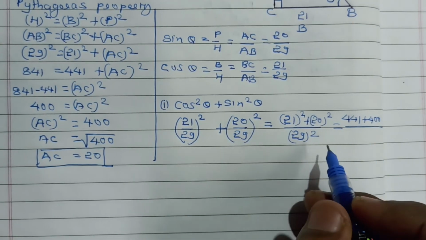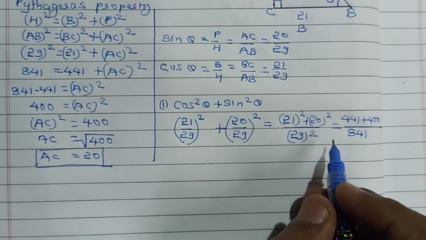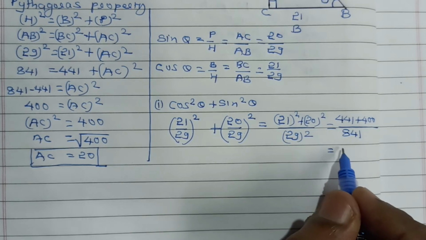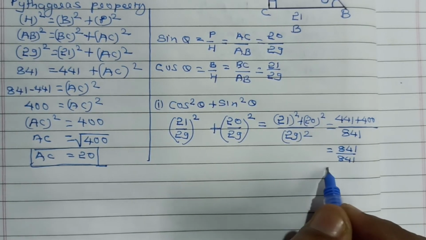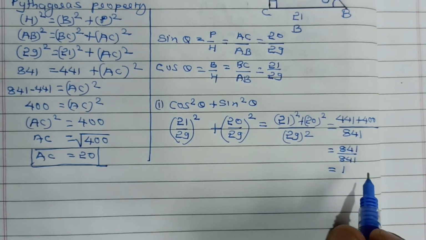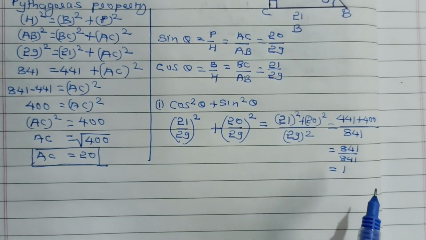And what is the square of 29? It is 841. This 441 plus 400 is how much? 841 divided by 841. So answer is 1. If you divide this 841 upon 841, you will get the answer 1. So first question is cos square theta plus sin square theta is answer 1.